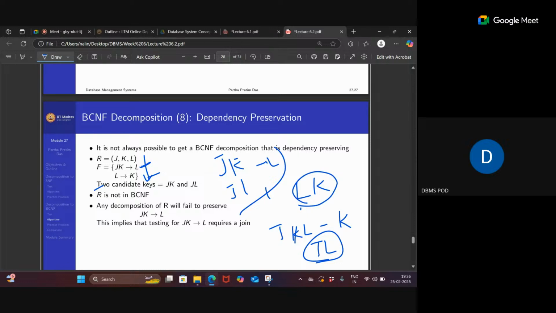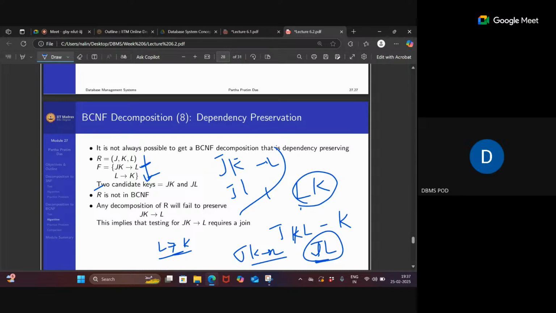So what FDs hold now? Only L determines K we will get. How to get JK determines L? Can we get JK determines L? L determines K we are getting, but are we getting JK determines L in the decomposed tables?